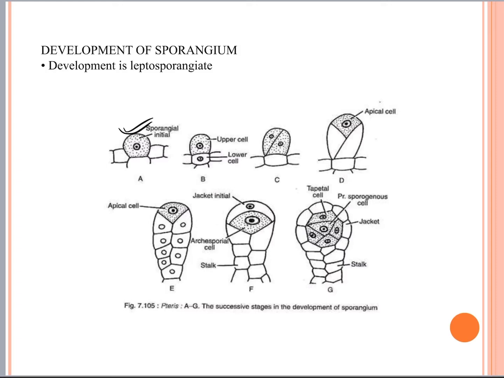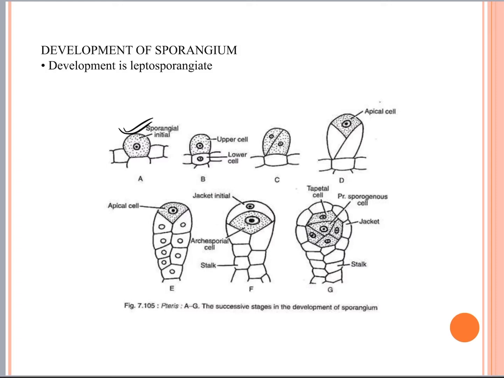From the apical cell there is a jacket initial and the archesporial initial, and then we have the stalk. The jacket initial gives rise to the jacket layer, which consists of three types of cells: the annulus, the stomium, and the parenchyma cells. The archesporial cell gives rise to the tapetum and the sporogenous mother cell.